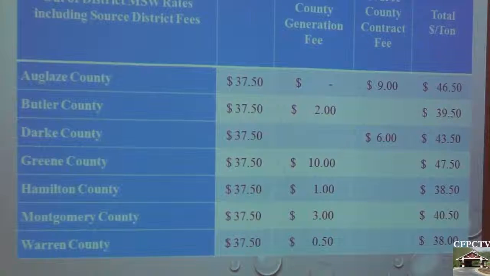The other factor is that most of the people in Warren County and Butler County are going down to Rumpke's landfill. It's a long haul, and my understanding is they have long waits once they're in the landfill. If they would come to our landfill, it's possibly a shorter distance and a shorter wait once they get in.